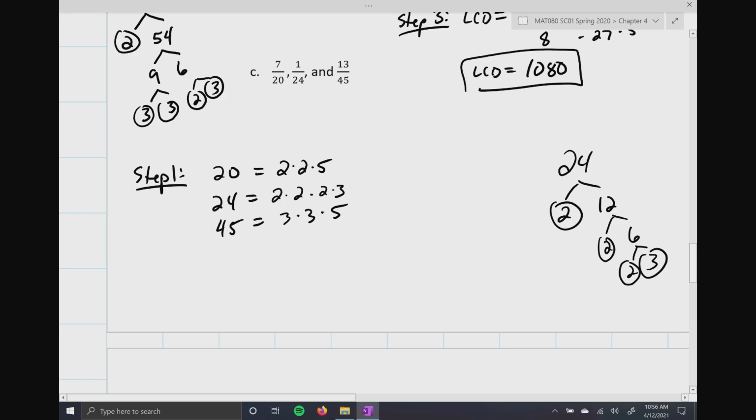And then the 45, I can do that one in my head. So 45 is going to be 3 times 3 times 5.